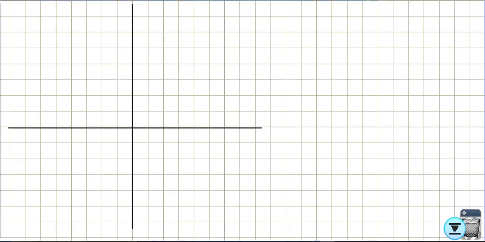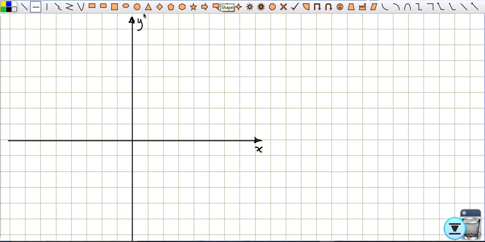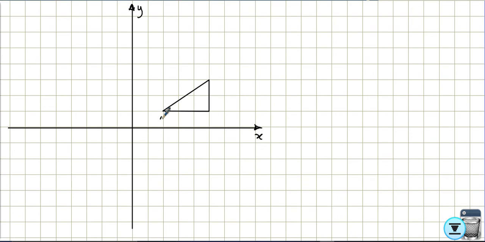So I have the x and y axis, and we have a shape here. Let's draw the shape. This shape, which is ABC, is drawn on a grid one by one.